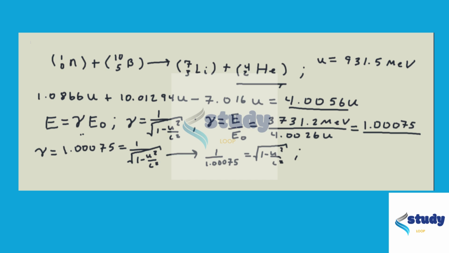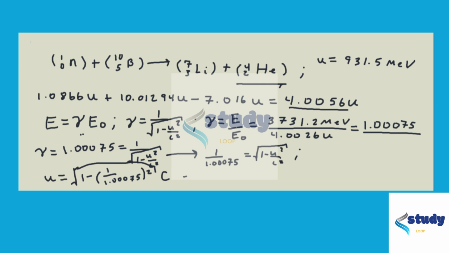What I get for u is u equal to the square root of 1 minus that quantity, 1 over 1.00075, squared, and that is times c.